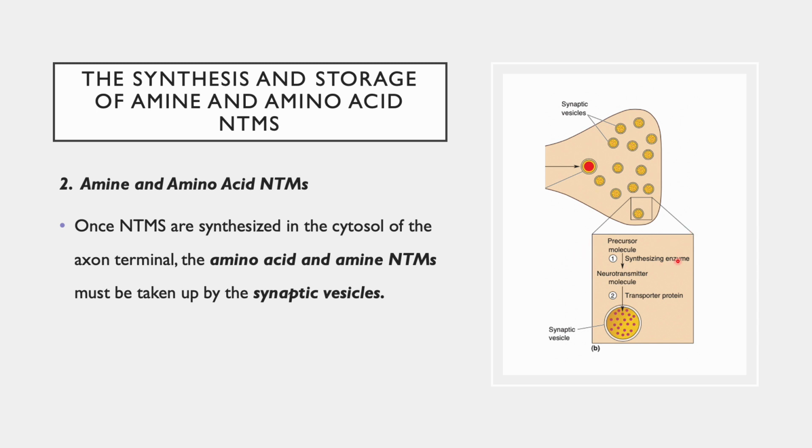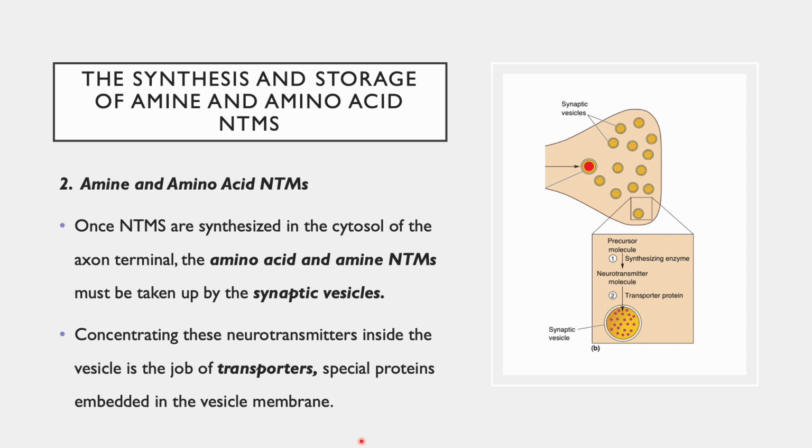We know the precursor molecule for serotonin is 5-HT, which is derived from the amino acid tryptophan. 5-HT will help develop the neurotransmitter molecule serotonin, and thus a transporter protein is going to need to move the synaptic vesicle down to the synapse. Concentrating these neurotransmitters inside the vesicle is the job of transporter proteins. These are special proteins that are embedded in the vesicle's membrane.